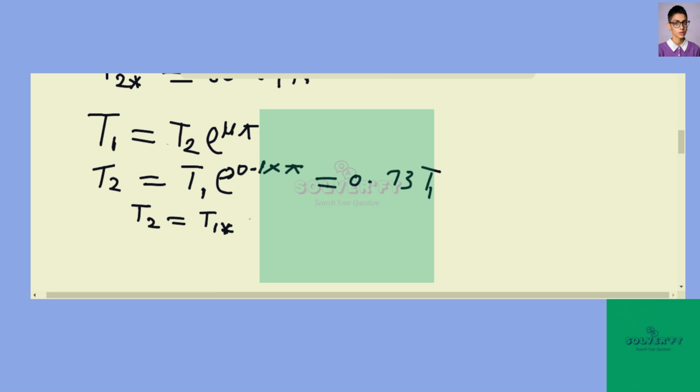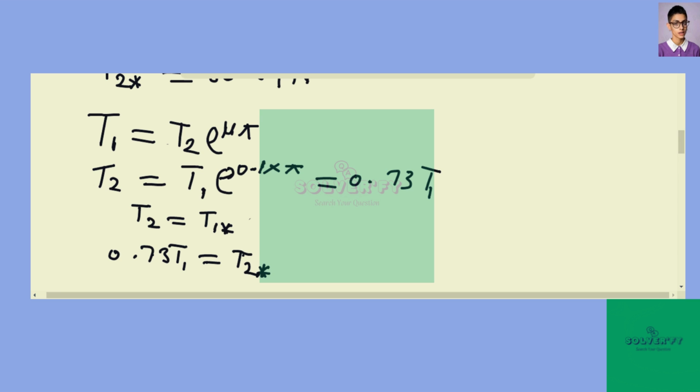So having that in mind, we have 0.73 T1 equal to T2 star.